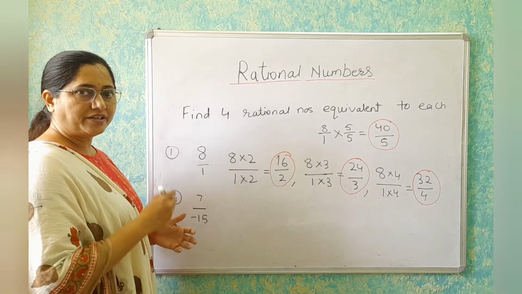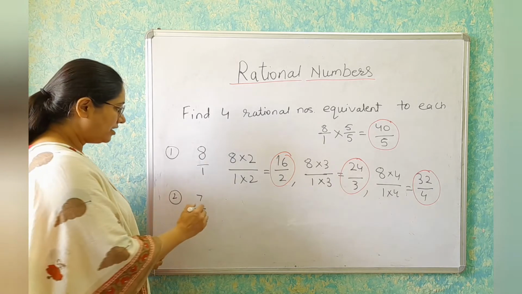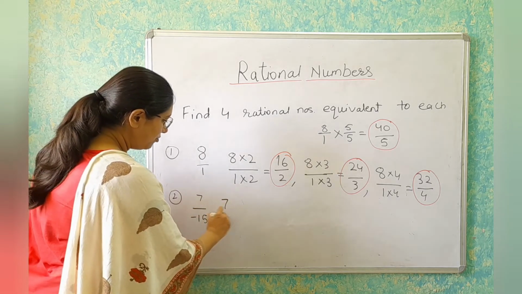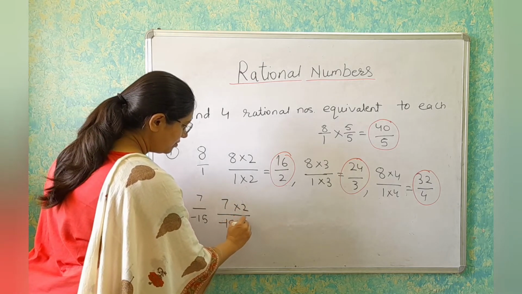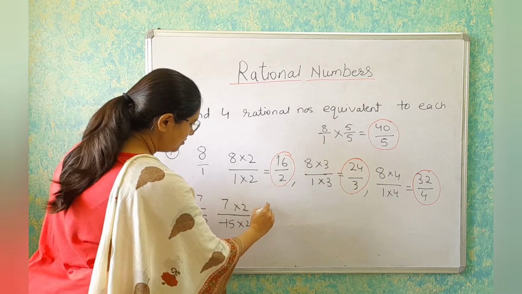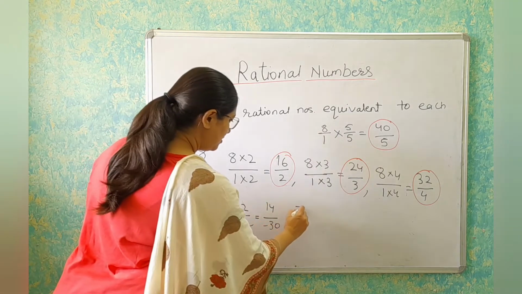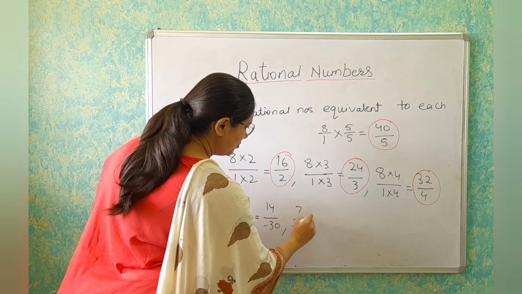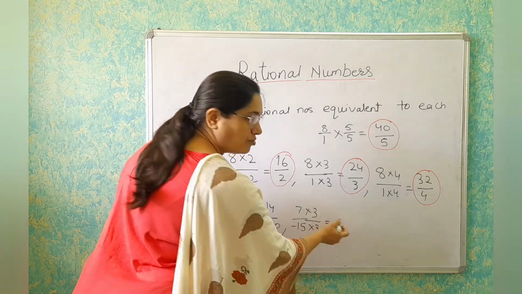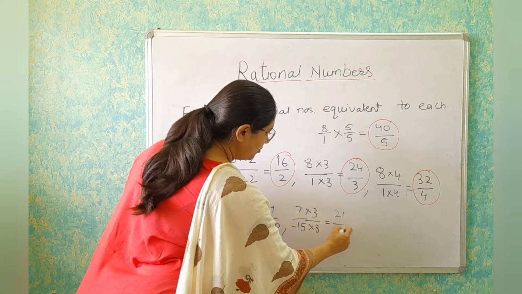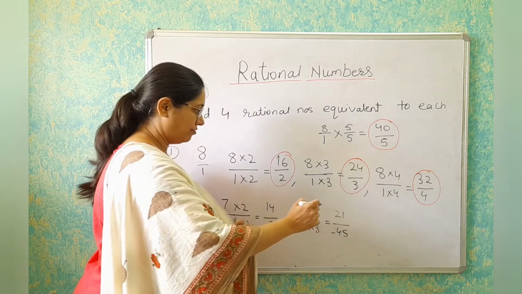Next, I have to find the equivalent rational numbers of 7 upon minus 15. Again, I will multiply 7 upon minus 15 first with 2. So I will get 14 upon minus 30. Next, again I will multiply 7 upon minus 15 with 3. So I will get 21 upon 45 and the sign will be negative.